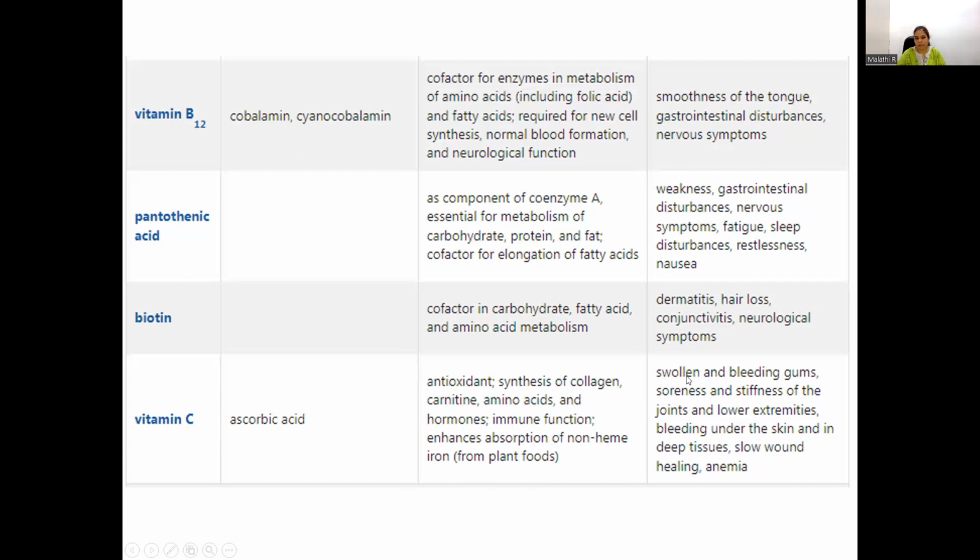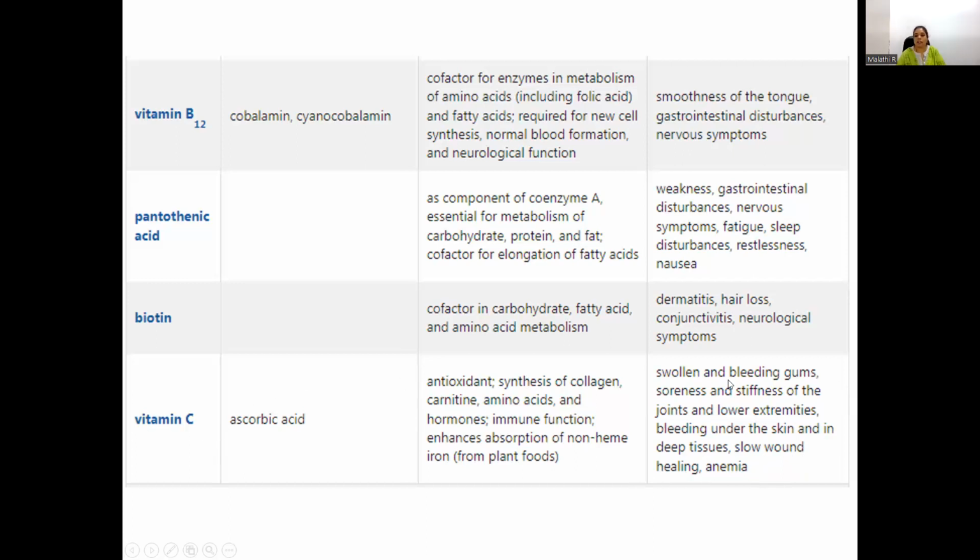The deficiency of vitamin C leads to scurvy, which everybody knows. It presents with bleeding gums, swelling, soreness, stiffness of joints, lower extremities, bleeding under the skin and in deep tissue, slow wound healing, and anemia. These are the deficiency symptoms of ascorbic acid.